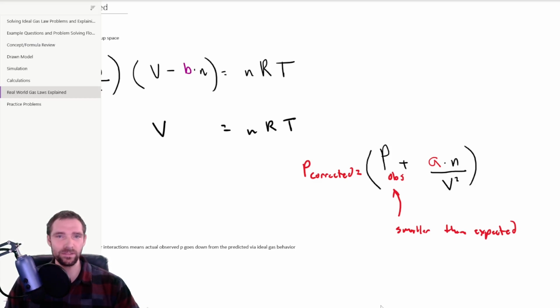And you can imagine if there are stronger interactions between molecules, they're going to hold on to each other and be kind of sticky, and they're not going to hit the outside quite as hard, right? And so that's going to end up causing the pressure to be smaller than you would expect if you were expecting things to not interact at all. And these A values are determined just through experiments, just observing what pressures you get with different molecules given the number of moles that you have, right?